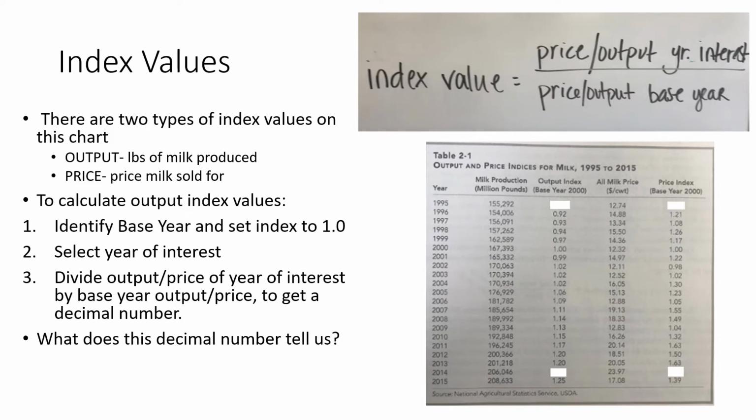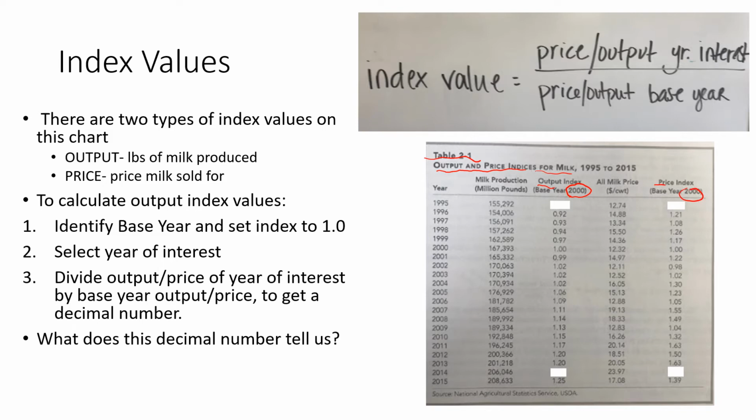How they are calculated takes a little bit more work, okay? So if we look at this table, 2.2, we see it says output and price indices for milk. So we have index values compared to the base year of 2000, both for output and for price.